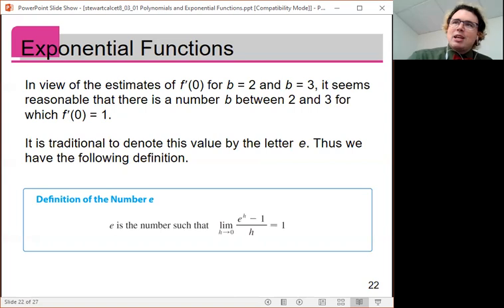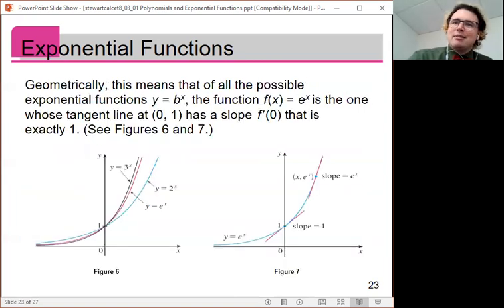What we need to keep in mind is just that e, the constant e, is the special number where y equals e to the x has a slope equal to 1 at x equals 0. So amongst all of the exponential functions, there's a different exponential function for every positive number.